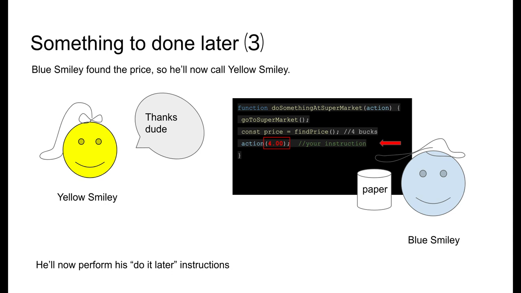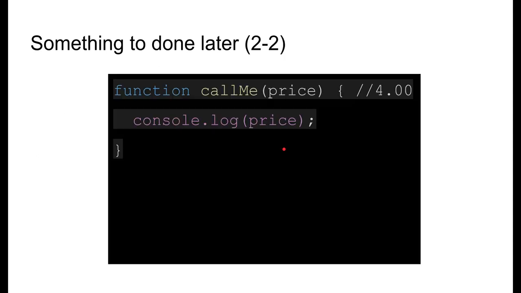Since Blue Smiley found out the price is $4, he's gonna pass $4 into the parameter in this function called action, which in our case is call me. Okay, and call me is gonna receive $4 into the parameter, and it's gonna console log $4 on our console.